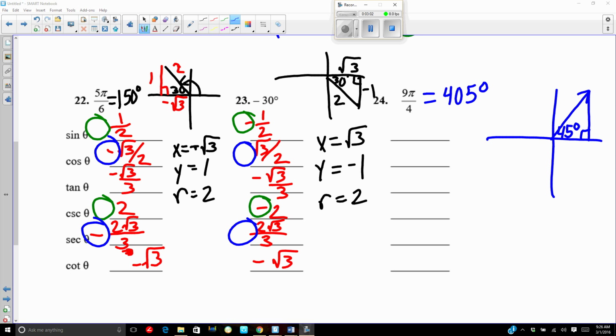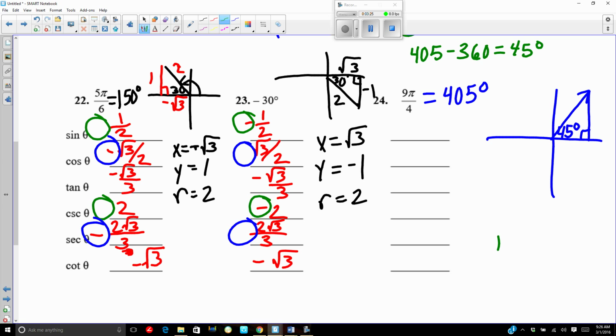So the reference angle here should be 45 because 9 pi over 4 is actually 405 degrees. If you take 405 and subtract 360, that's 1 full revolution plus an extra 45 degrees. So our reference angle here is 45 degrees.